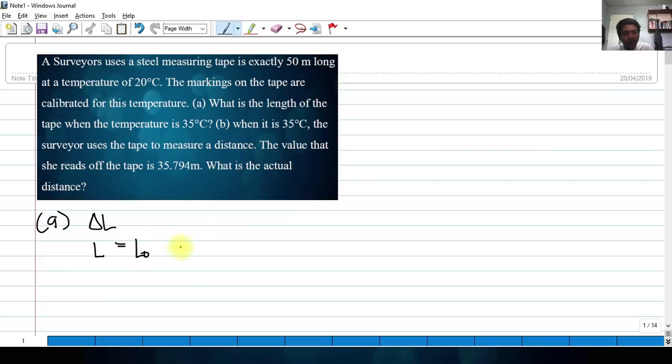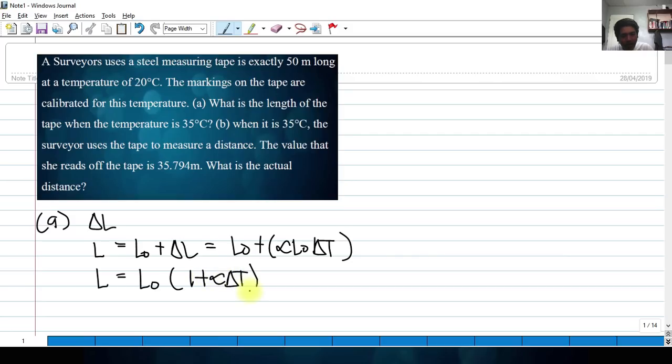L naught plus delta L, where delta L is equal to the coefficient of linear expansion times L naught times delta T. So L is actually L naught, factoring out L naught, times 1 plus alpha delta T. This will be the formula that we're going to use to solve this problem.